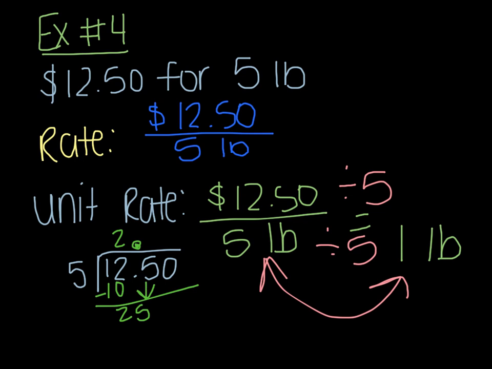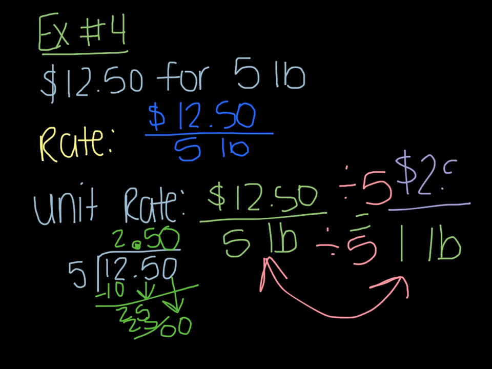Bring down the 5. 5 goes into 25, 5 times evenly. 0 left over. Bring down the 0. 5 goes into 0, 0 times. So for 1 pound, it's $2.50.